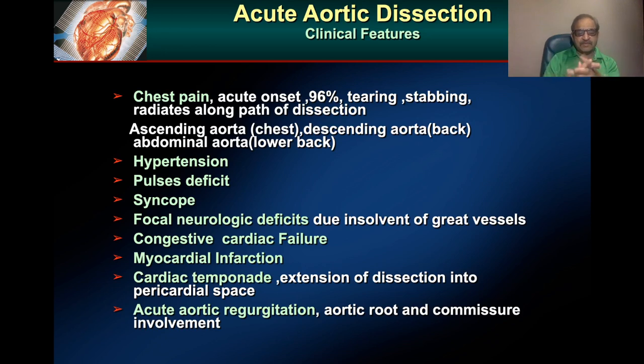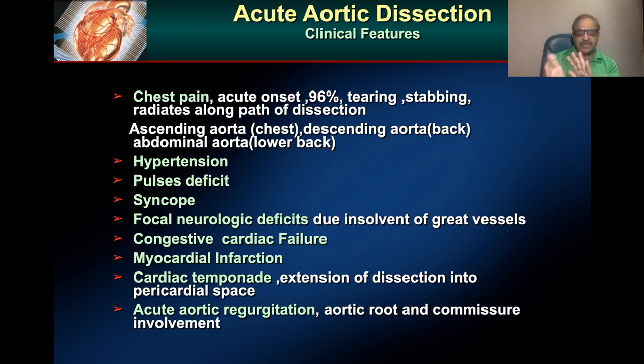Then you examine the patient. The pulses may be normal, but pulse deficit may be present. Meaning if the dissection flap closes the ostium of the vessel which is originating from the aorta, then that pulse will be lost.